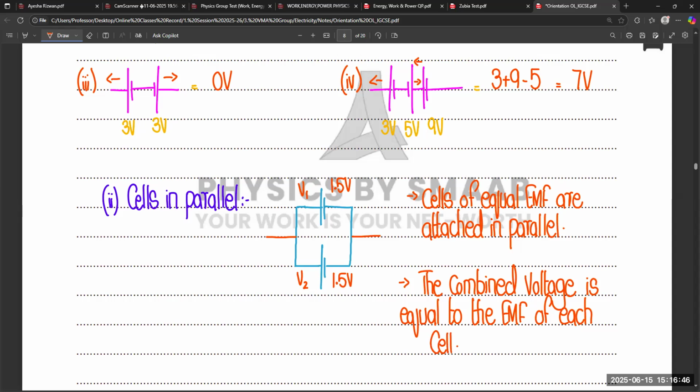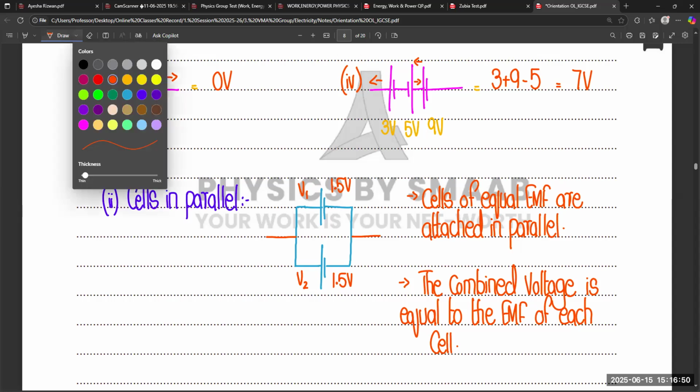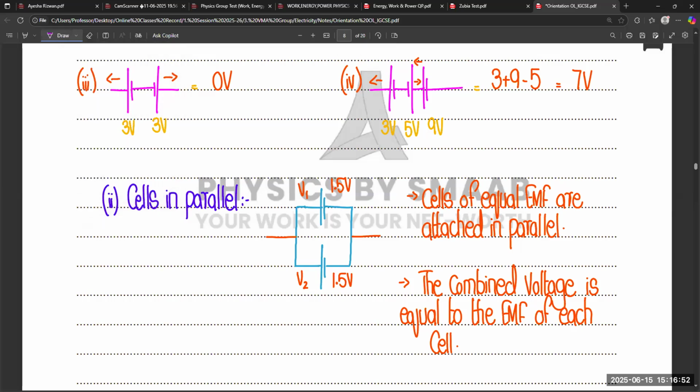So basically, if we consider this combination as shown in the diagram, in this combination, the total voltage will be equal to V1 or V2. That means 1.5 volts.